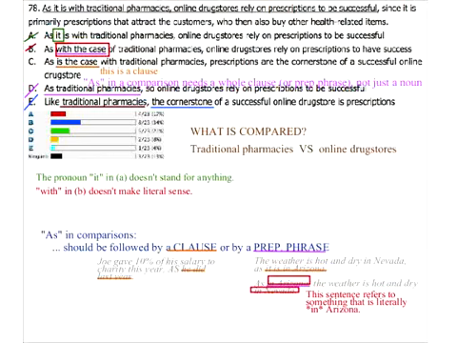As is the case with traditional pharmacies, clause. Prescriptions are the cornerstone of a successful online drugstore. So there you go. The Deadly Five thing is something in the strategy guide referring to the five most commonly tested pronouns. As long as you know to look at pronouns when you see them, that's the point.